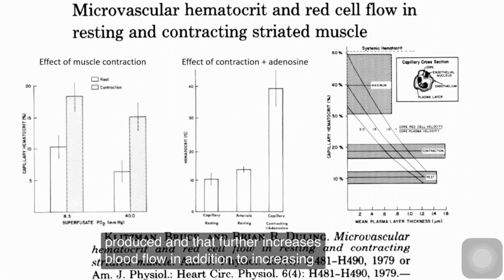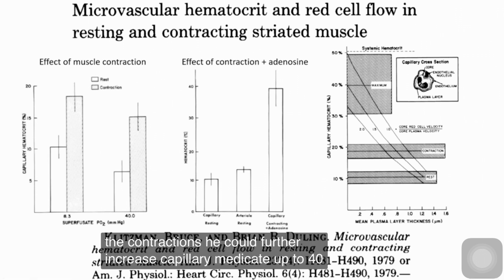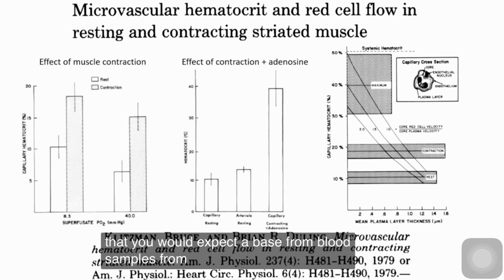In addition to increasing blood flow by dilating the larger arterioles and arteries supplying the blood to the capillaries, we added adenosine on top of the contractions. He could further increase capillary hematocrit up to 40%, getting very close to that 50% that you would expect from blood samples from larger vessels.